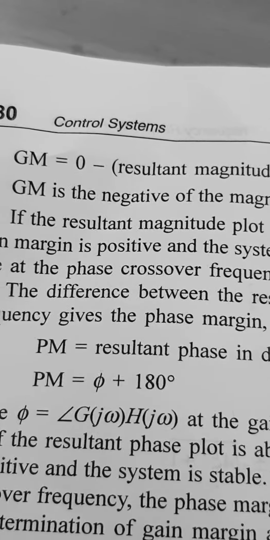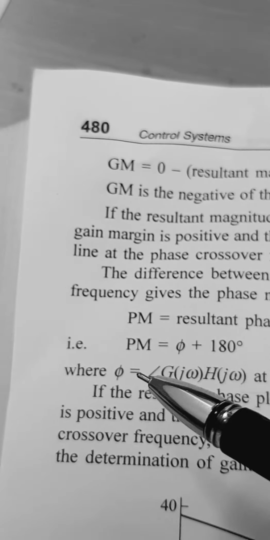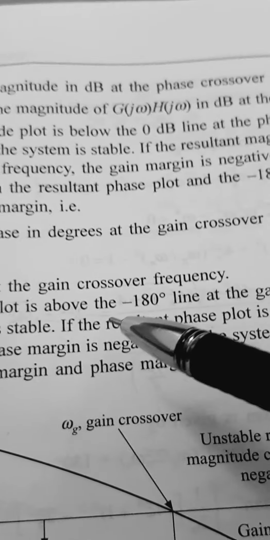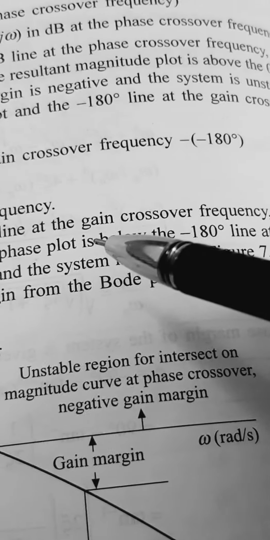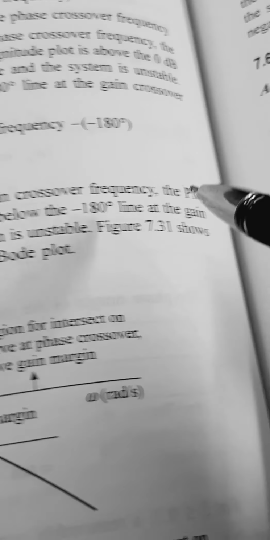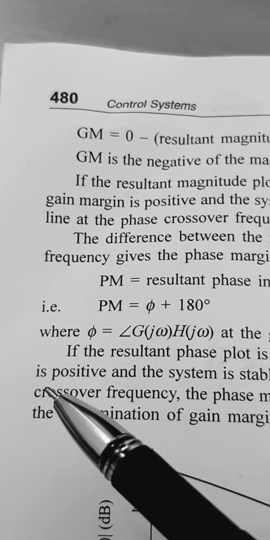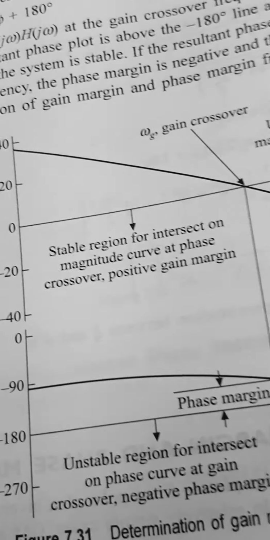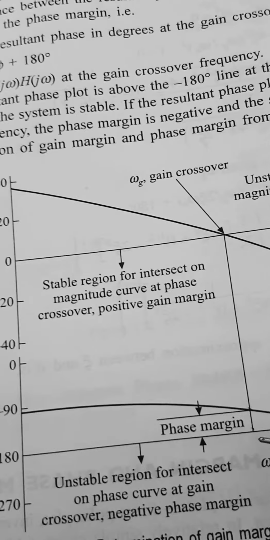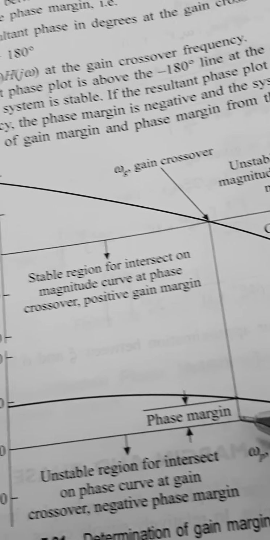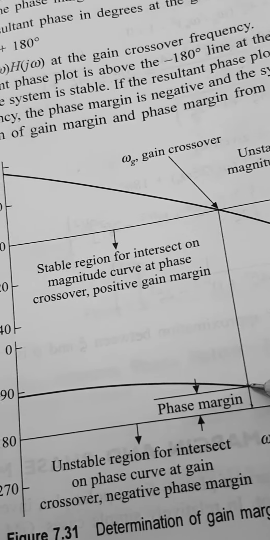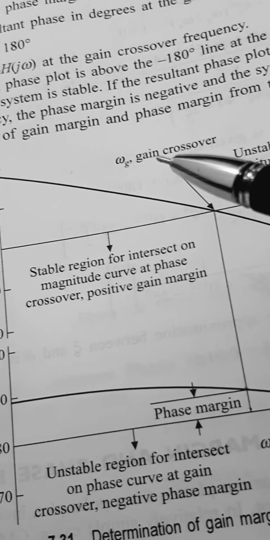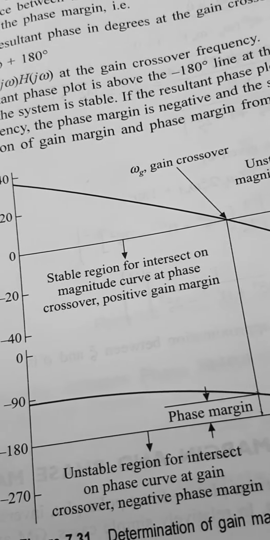So if the resultant phase plot is above the minus 180 degree line at the gain crossover frequency, the PM is positive and the system is stable. Suppose this is minus 180 degree and the resultant phase plot is above this minus 180 degree line at the gain crossover frequency.